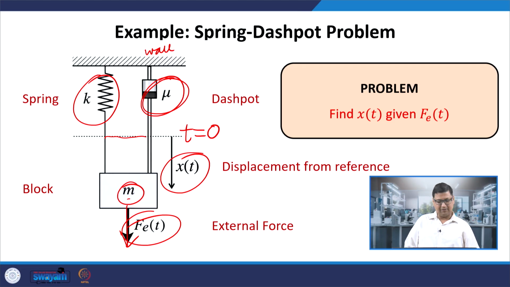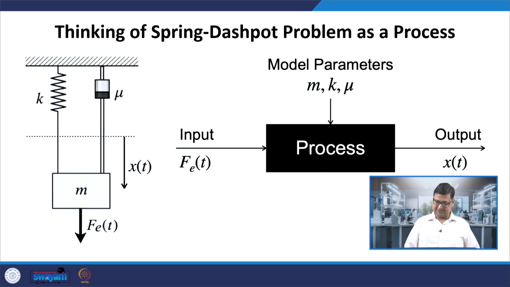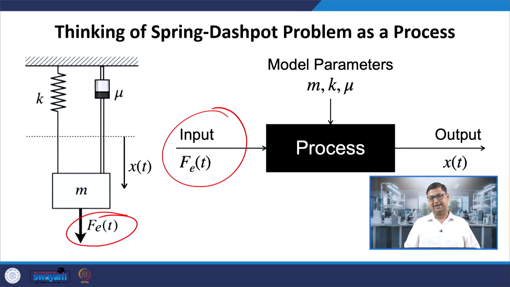So, going back to our example of the process, you can imagine that the input in this case is the force which I am applying, that is what I am kind of controlling. I am applying a force on the block, and the output in this case is the displacement which I am getting here, right. And now you can clearly see what it will depend on.